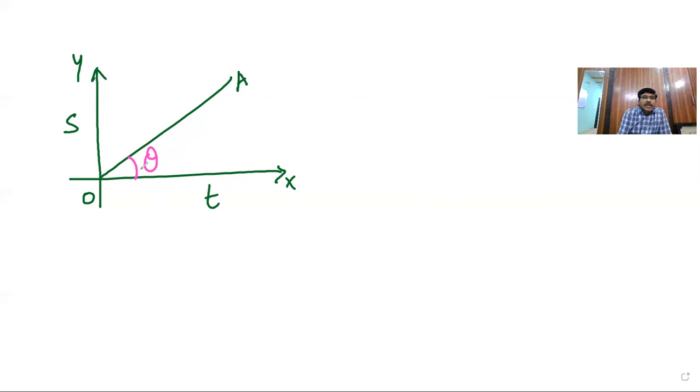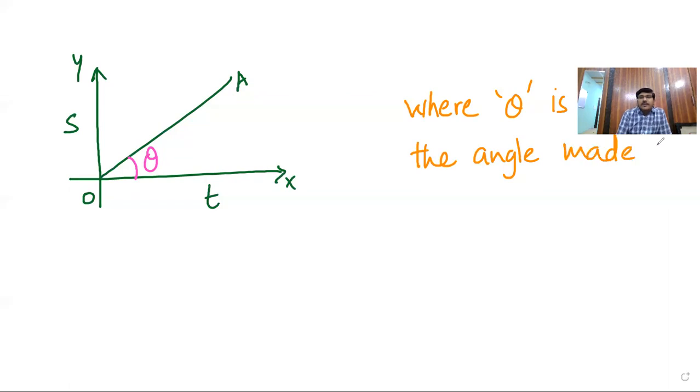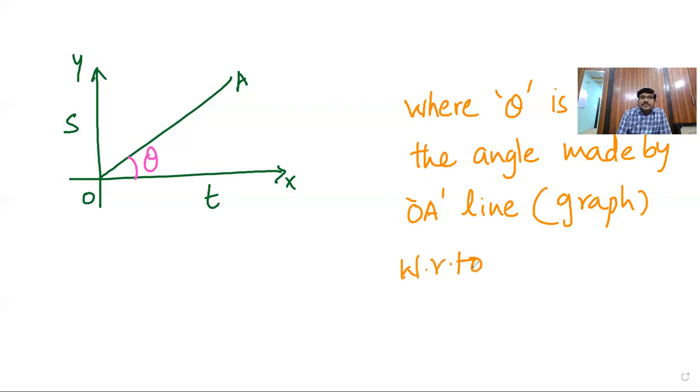Here I clearly write: where theta is the angle made by the OA line, this line itself is a graph, with respect to the positive x-axis.